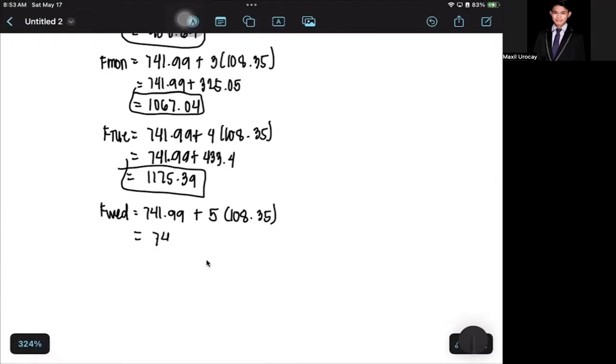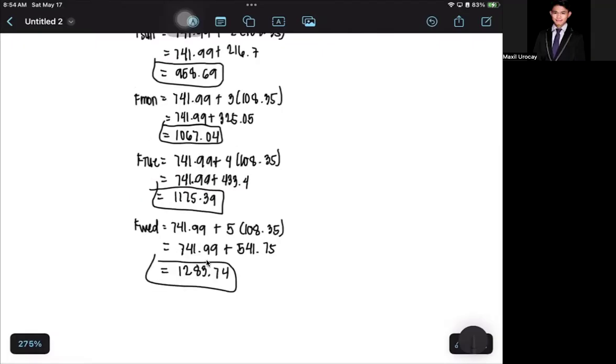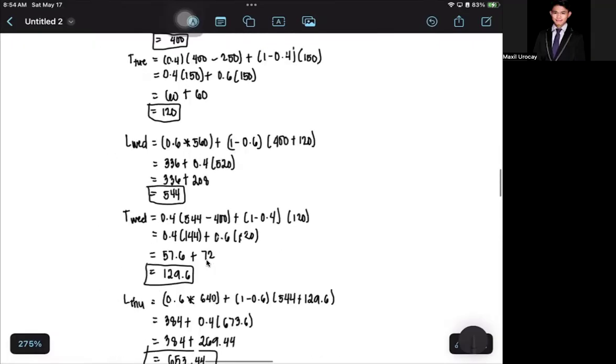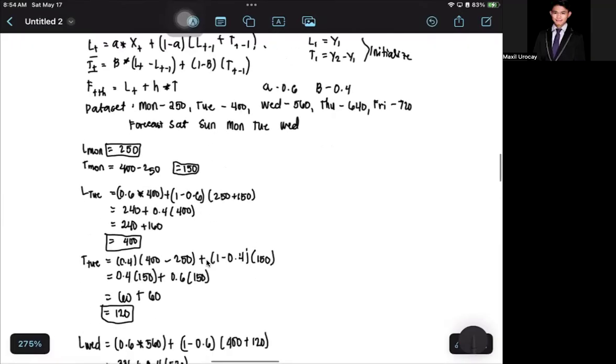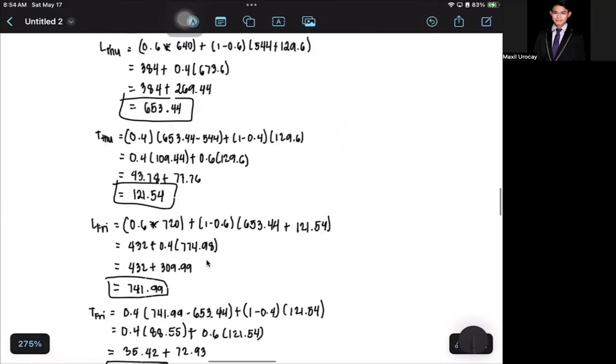It will become 741.99 plus 108.35 times 5. That equates to 541.75 plus 741.99, and 1,283.74. So this is how you will calculate the double exponential smoothing, or the Holt linear trend model.